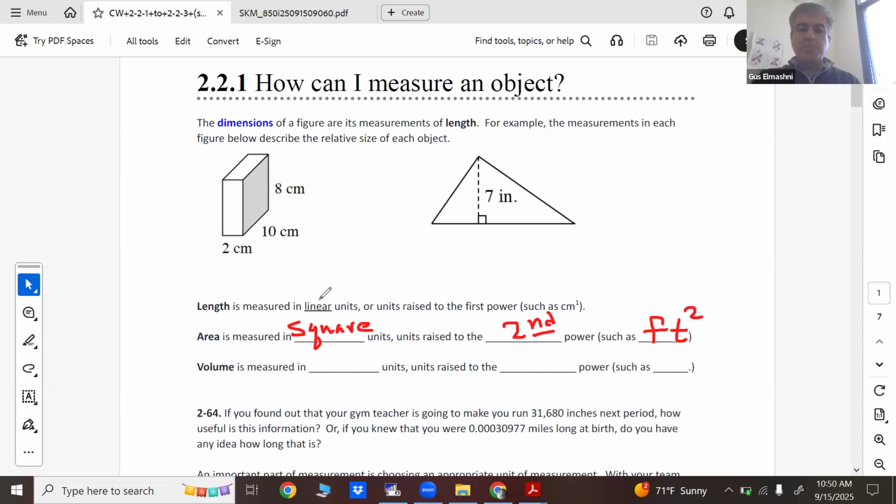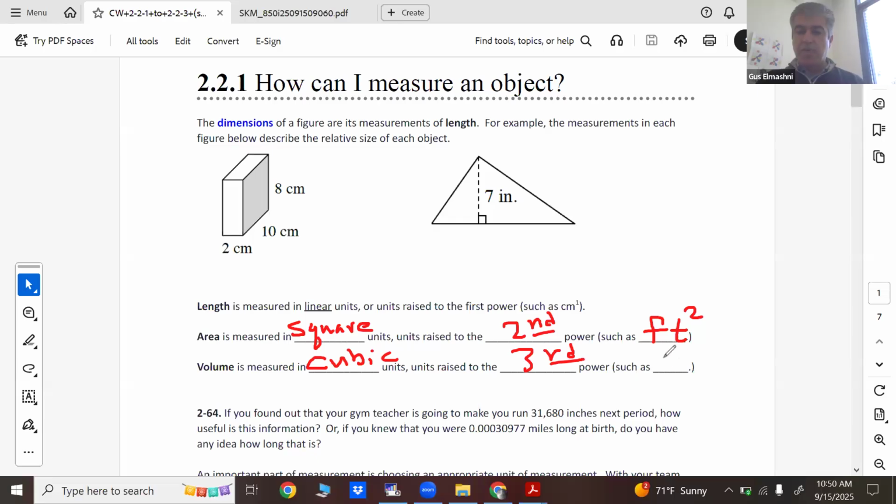But we don't do volume for a house. That's kind of weird because I'm not going to hang out in the ceiling or float in the middle of the air. But volume is going to be cubic units, raised to the third power. For example, your water bottle, how much water you can put in there. We use volume to measure that.